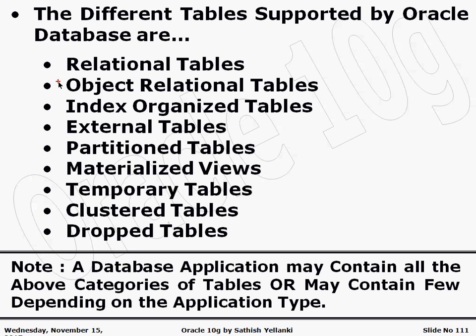But because I'm extending myself to object relational tables or any other tables, it doesn't mean that I am compromising my total relational tables. Therefore, any student neglecting the concept of relational tables, who expects to work wonders on the remaining advanced tables, will absolutely fail. Be very clear about that.